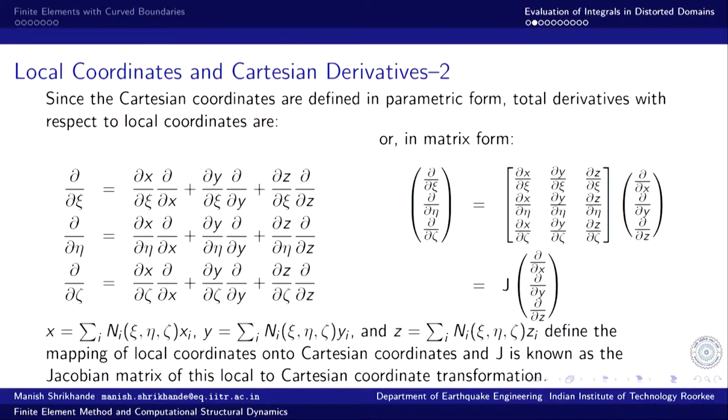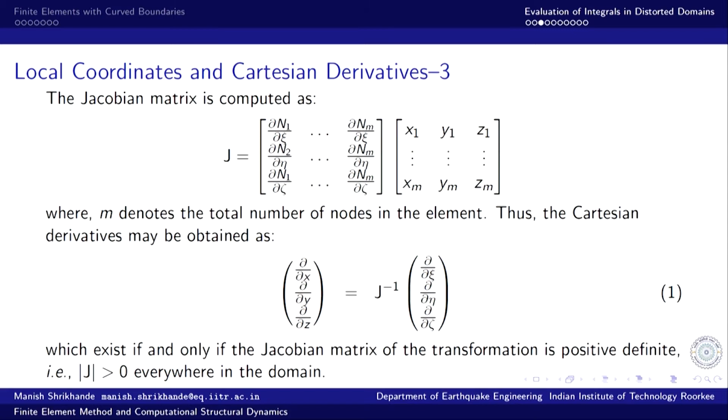So, as I was saying, x is known as a function of xi, eta and zeta, y and z are also known as functions of xi, eta and zeta, and this matrix can be evaluated at every point within the element domain. So, the Jacobian matrix can be calculated now for each point.